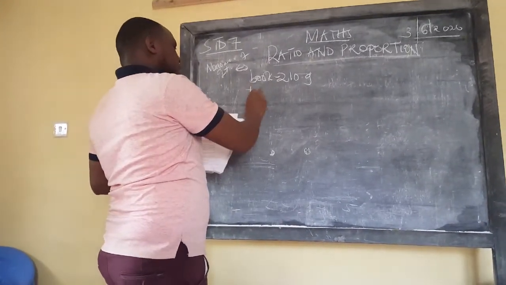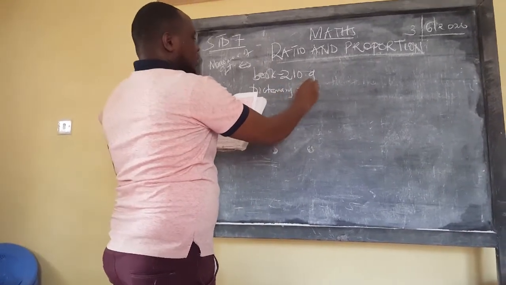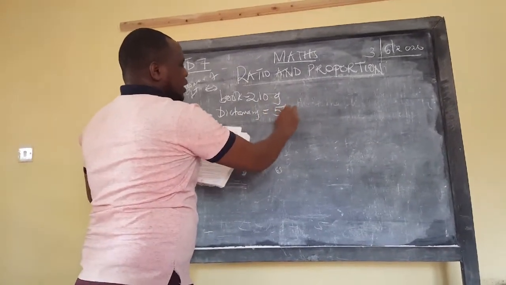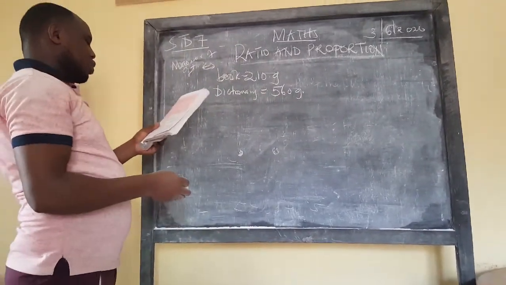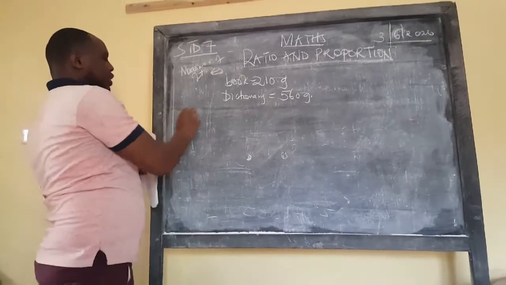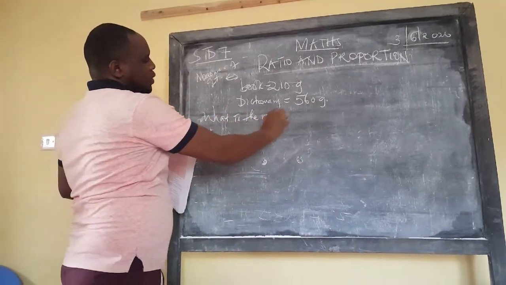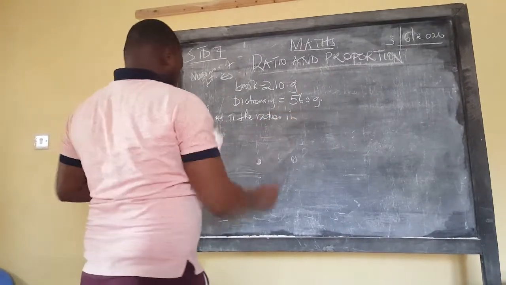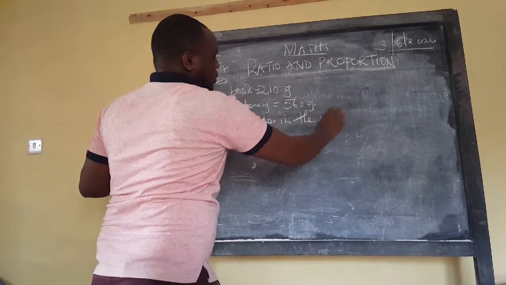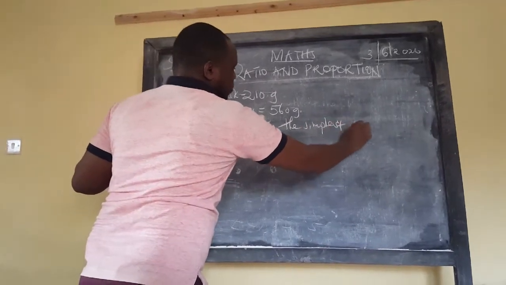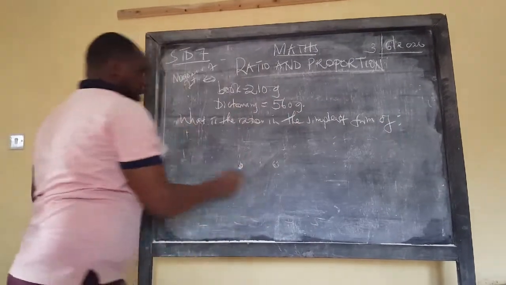Then the dictionary weighs 560 grams. Then the question is, what is the ratio in the simplest form of?